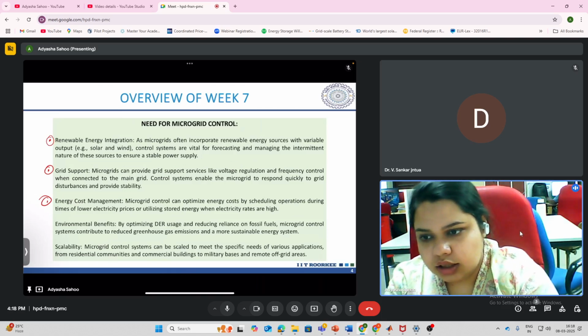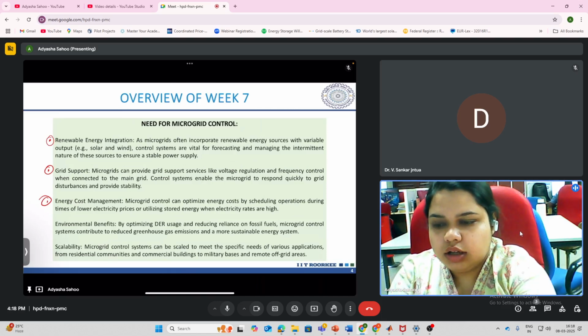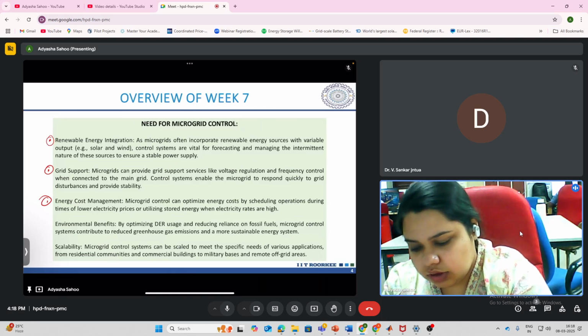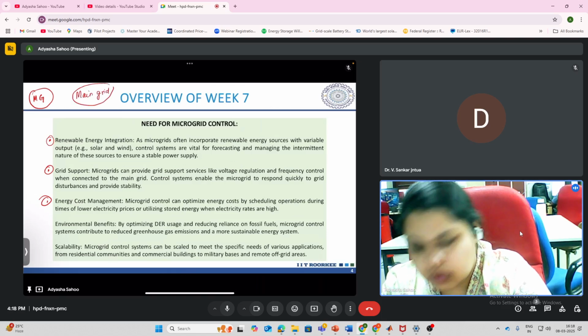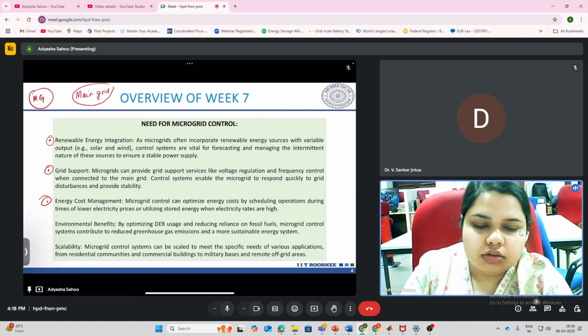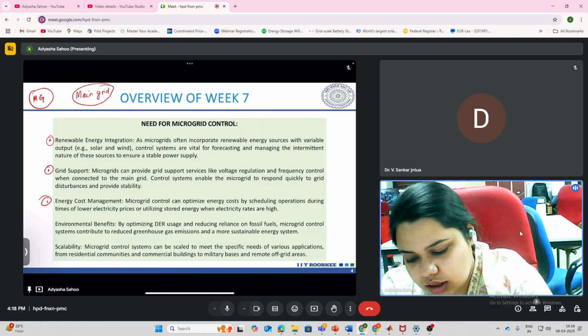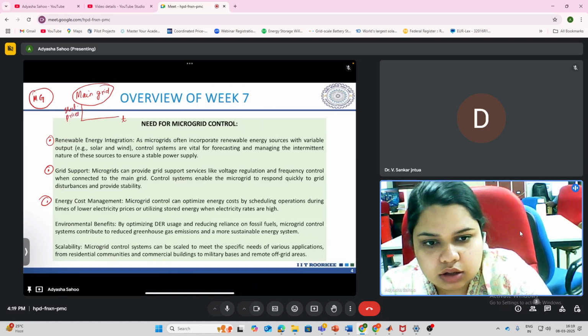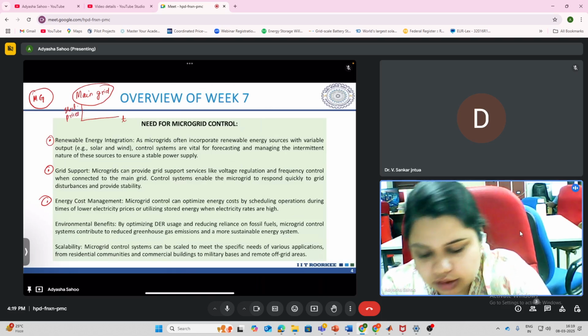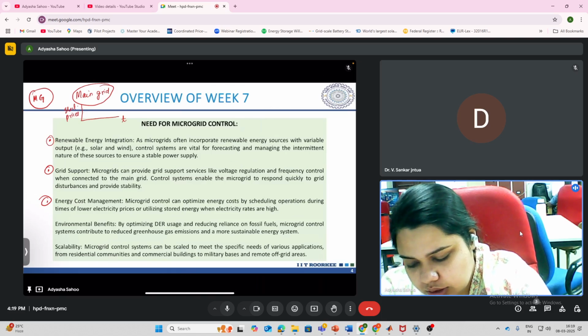Let's say how this is done: you have a microgrid and you have a main grid. You know that the electricity prices are not constant or the same throughout the day. They are time varying in nature. They fluctuate according to the changes in the load and the generation throughout the day.